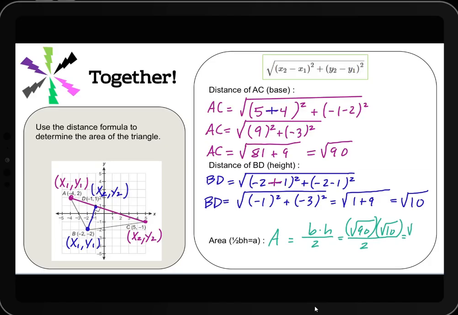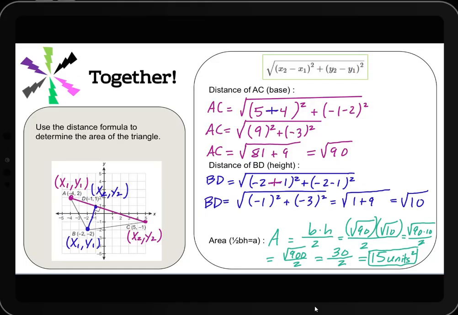So that means the square root of 90 times 10 divided by 2. That's going to equal the square root of 900 divided by 2. That happens to be equal to 30 divided by 2, which is 15. So that is going to be 15 square units for the area of this triangle.